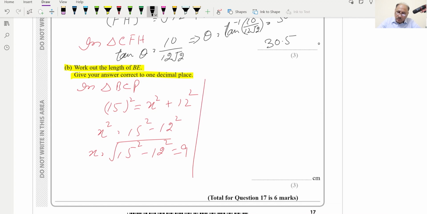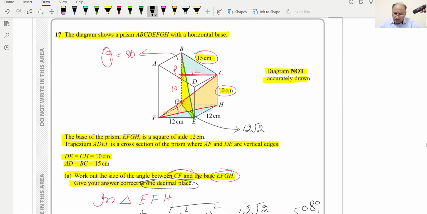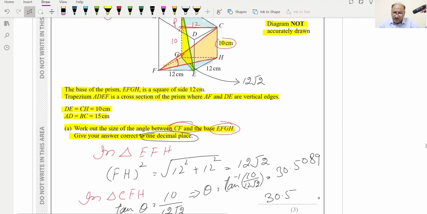So now BG is equal to BP plus PG, which is equal to 9 plus 10, which is equal to 19 centimeters. So we got 19.